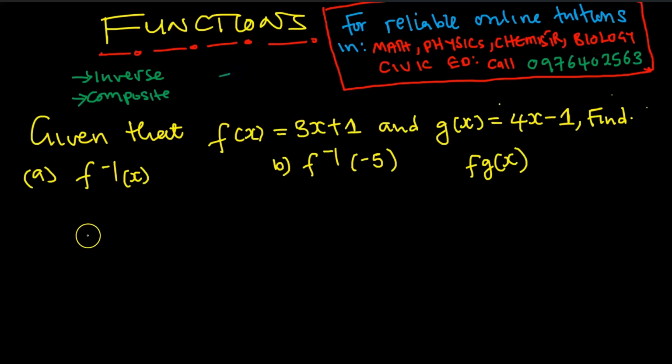For the first one, how do we find the inverse of this function? To start with, we rewrite the same function, f(x) = 3x + 1. That is step 1. Then the next thing, we write it in standard form, where there's f(x), we replace it with y.